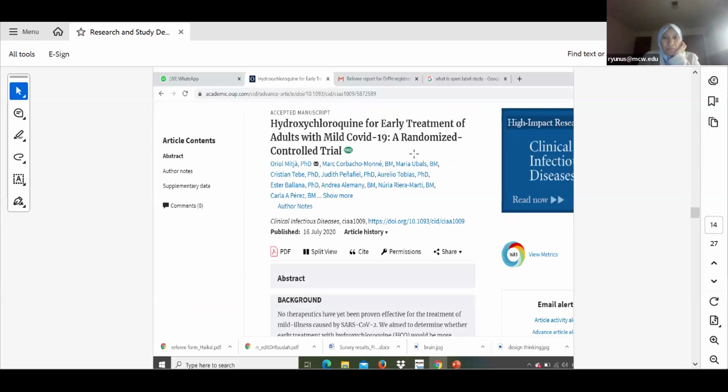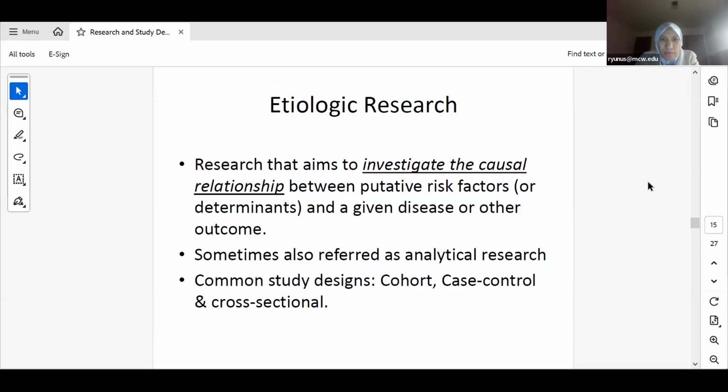You can see here that this is an example of therapeutic research. I'll give you a minute to have a look at the topic. So basically it is testing a new kind of treatment to see whether it works or not for COVID patients.